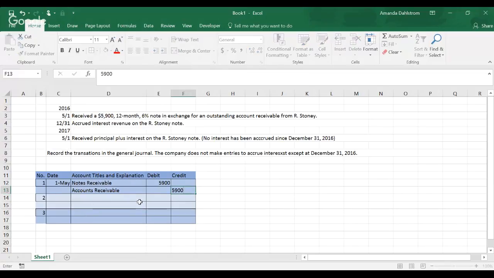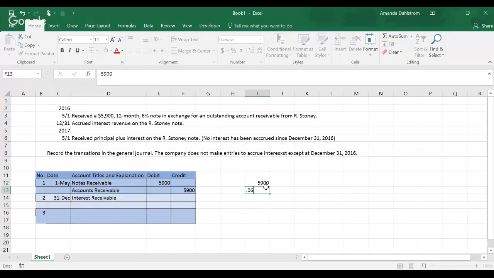Okay, so the next item we're going to record is going to be on December 31st, and that we're going to record our interest receivable. And to calculate that, we need to find out how much interest has been accrued up to that point. So we have our balance of the note, which is $5,900.